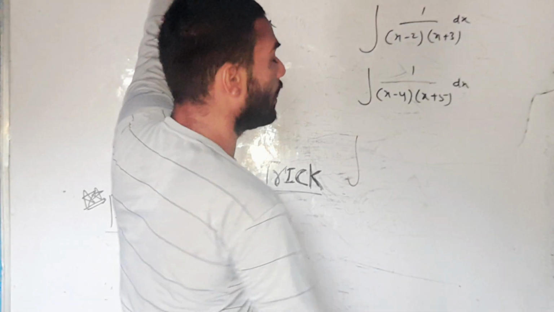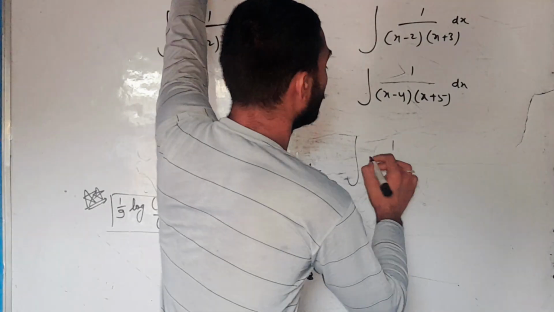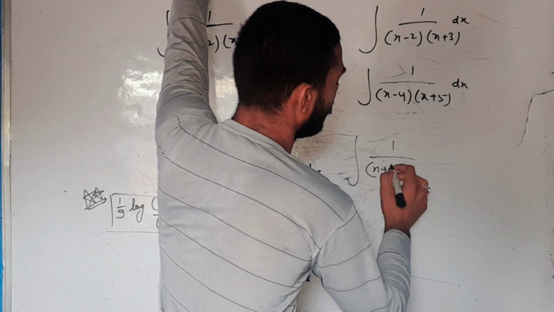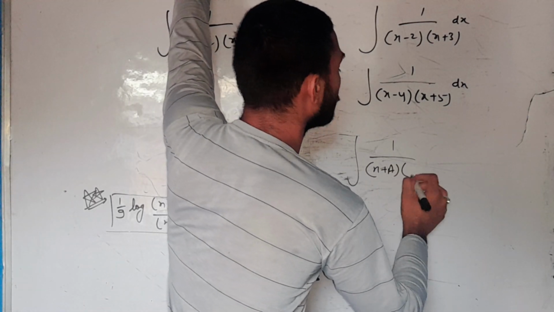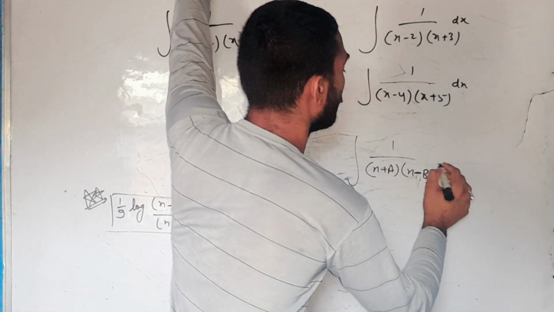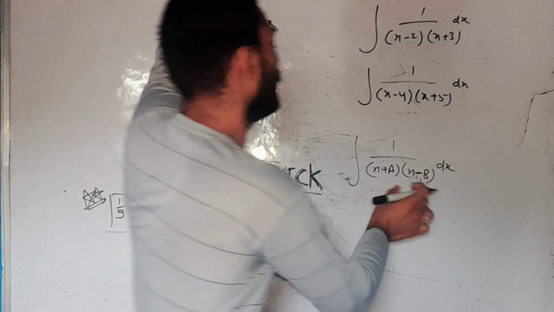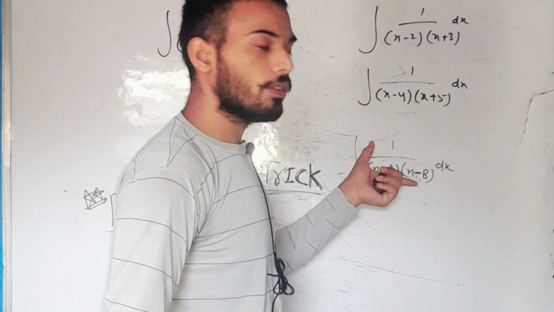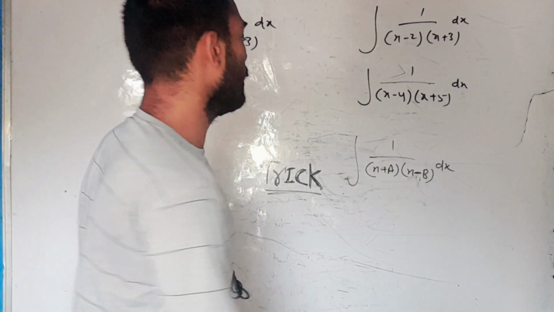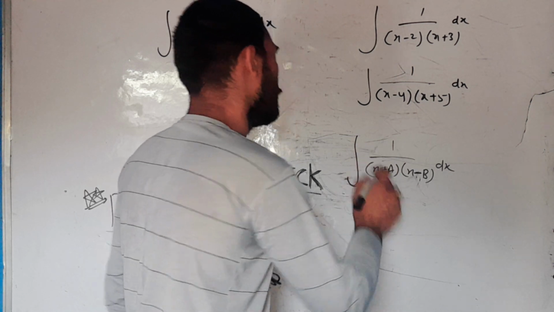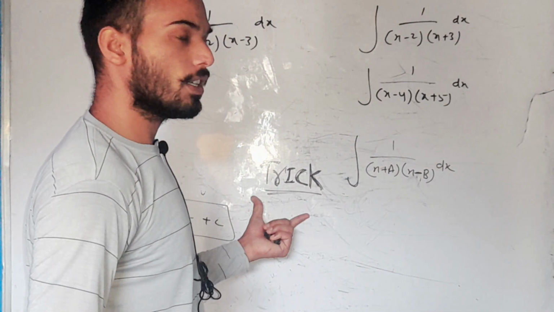If we integrate a function of the type 1 upon (x plus a)(x minus b), we have the integration by a trick.